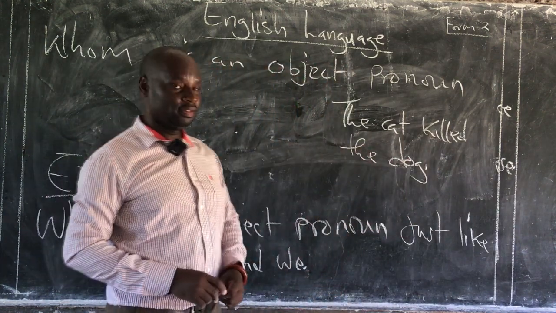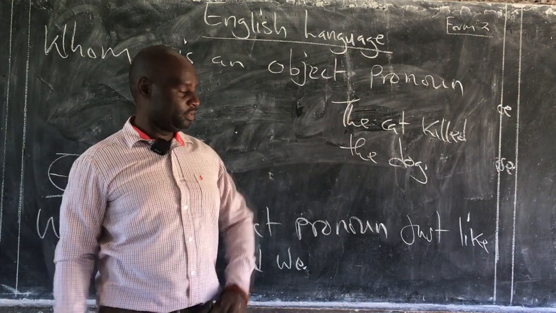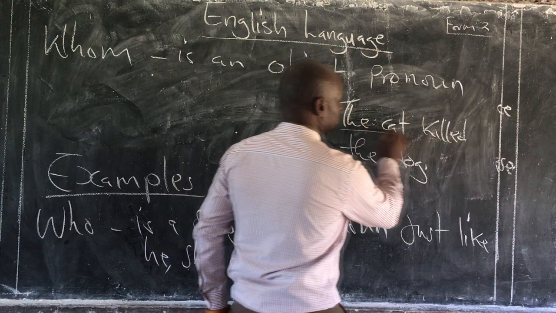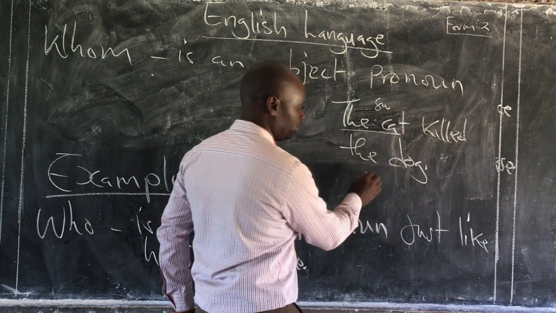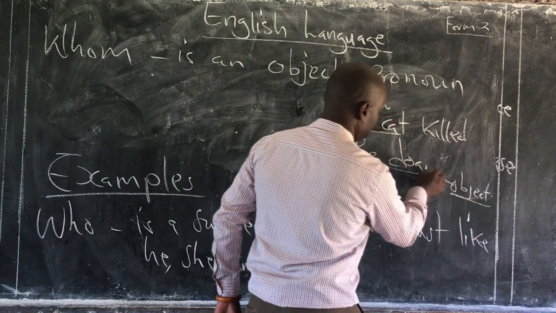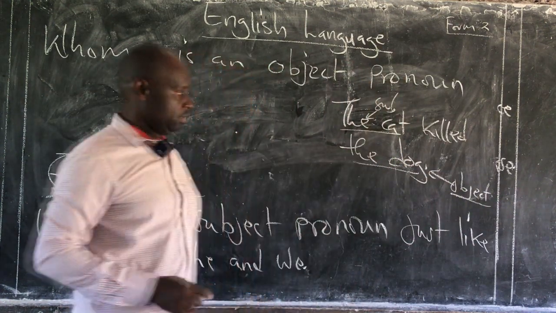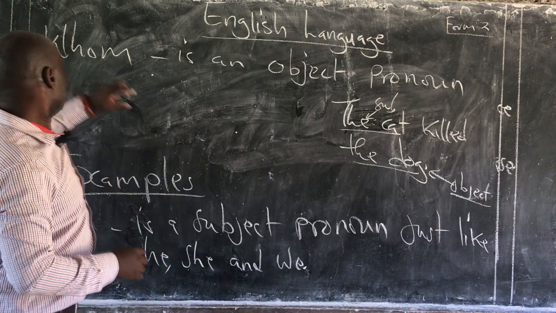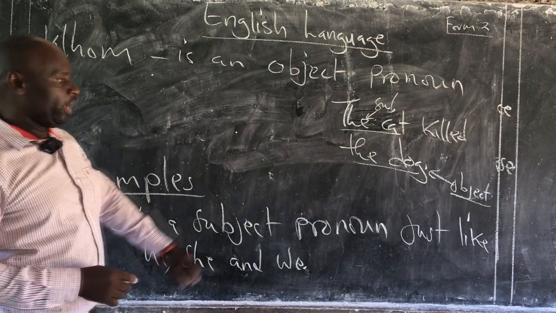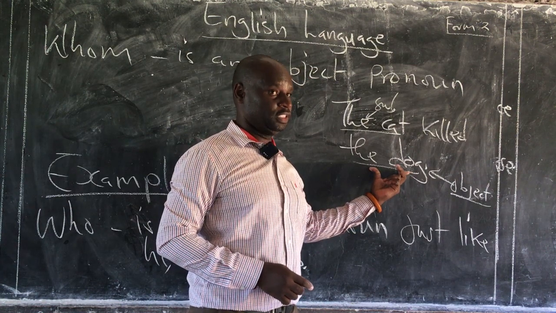Don't worry about the way it is placed. Let us use it as a sentence. The cat killed the dog. That means the cat is the subject, while the dog is the object. So when we are using whom, that means we are referring to the object of the sentence, if it is a person.